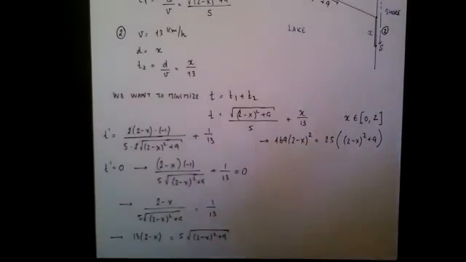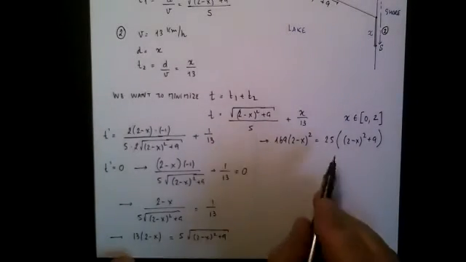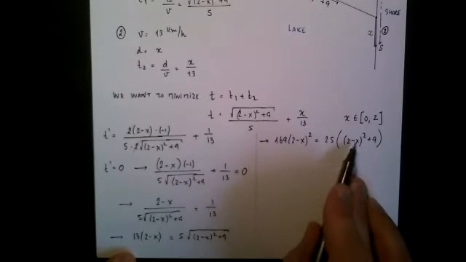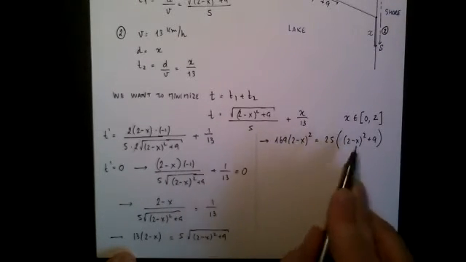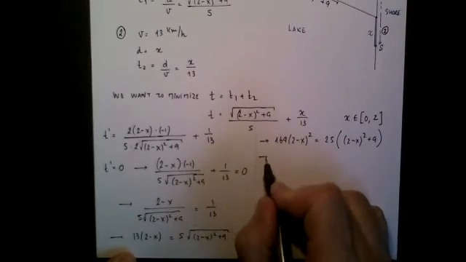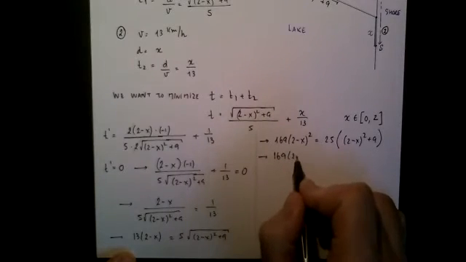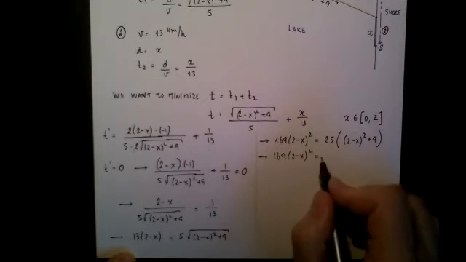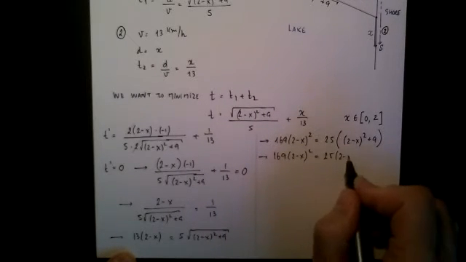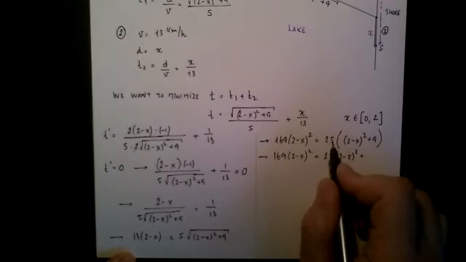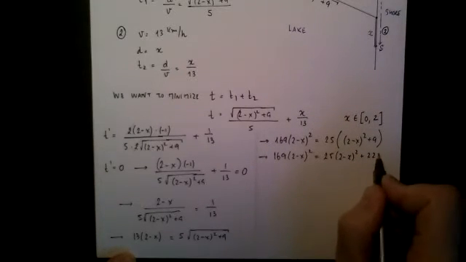Okay, so I could open everything up, or I could be a bit smarter because I recognize the (2 minus x) squared in both sides. So 169 (2 minus x) squared equals 25 (2 minus x) squared plus 25 times 9, which is 225.